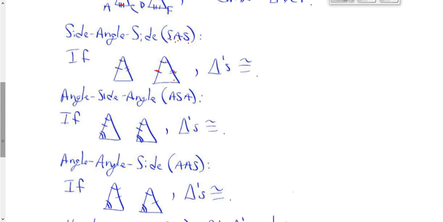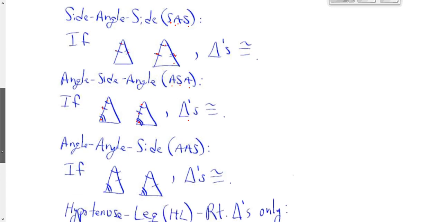So I have two triangles, and do you see this angle and that angle congruent here and here? And you see the included pair of sides, included meaning the sides between the two angles, are congruent. Okay? If that's the case, then these triangles are congruent by angle, side, angle. You got me? Okay? We have another one.